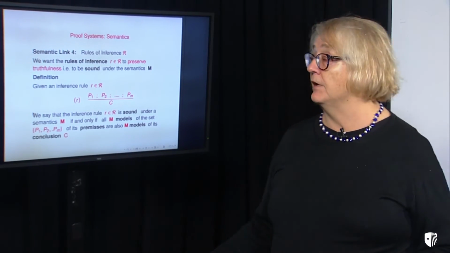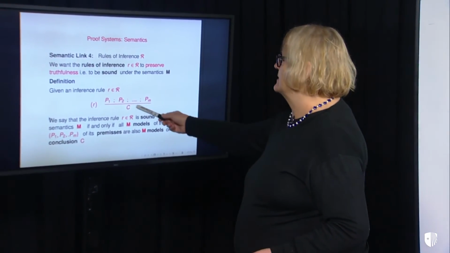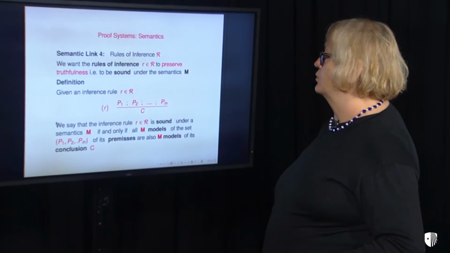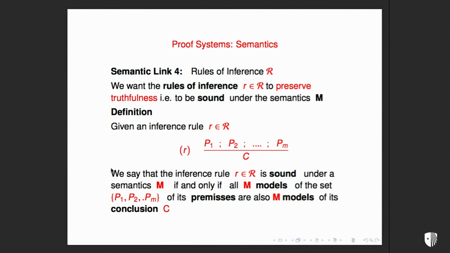If we have a rule of inference with premises P1 to Pm and conclusion C, we say that such a rule of inference is sound under the semantics M if and only if all M models of the set of premises are also M models of the conclusion.